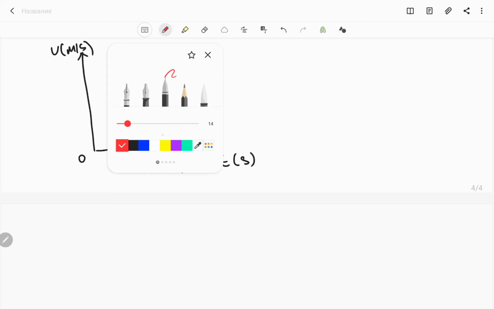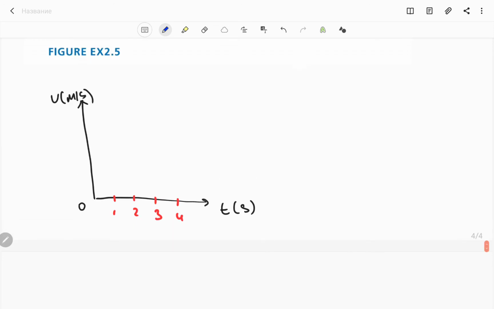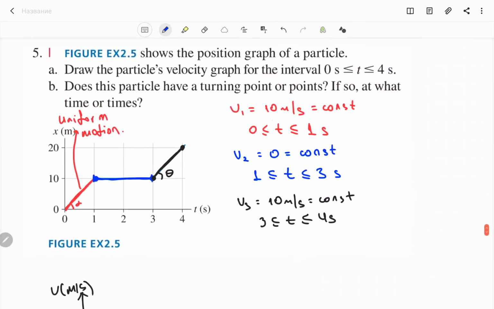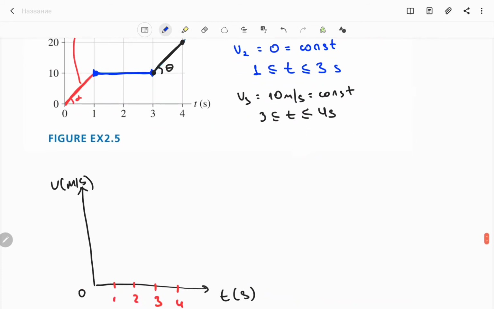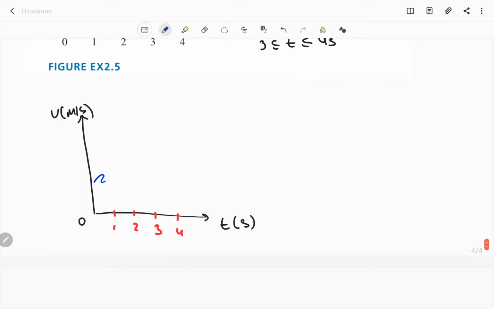Let me use a different color. Between 0 and 1 second, velocity was equal to 10, positive 10. Be careful, this is a positive 10, because the slope is positive, because this particle is moving in the positive x direction. So velocity is positive 10 between 0 and 1 second.